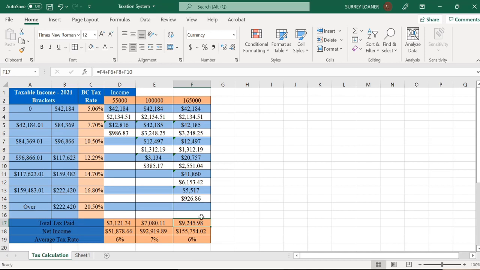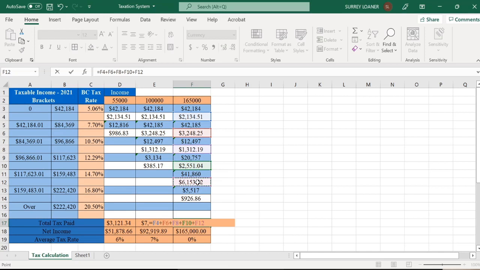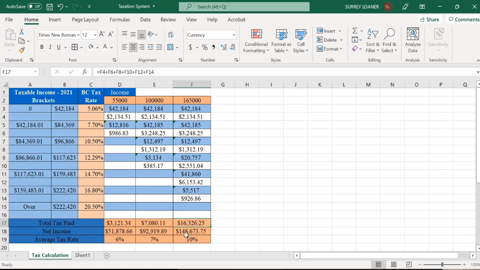Or what we can do to reconfirm this one, we can delete this and write once again is equal to all the figures here in white plus, okay, this is actually 16,326.25.